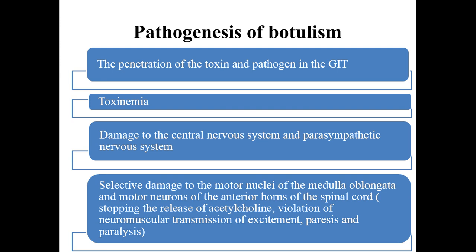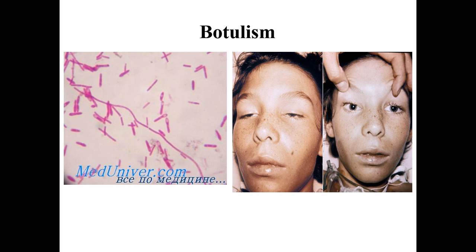It doesn't affect the CNS, central nervous system. Botulinum toxin binds to the nerve terminals at the neuromuscular junction, which results in blockage of release of acetylcholine, leading to flaccid paralysis.